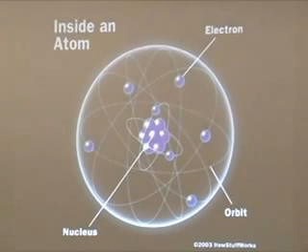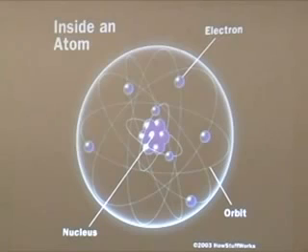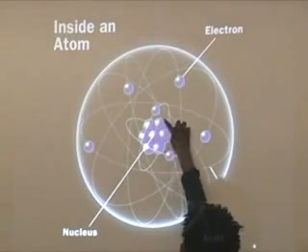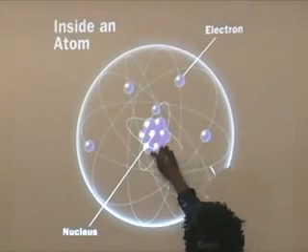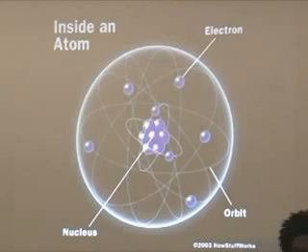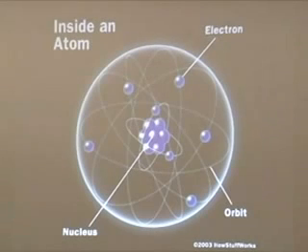And if you look at the atom, when the proton, neutron, and electron are active, you see that the atom creates a geometric structure. That geometric structure is the basic structure of all living organic matter, the hexagon.